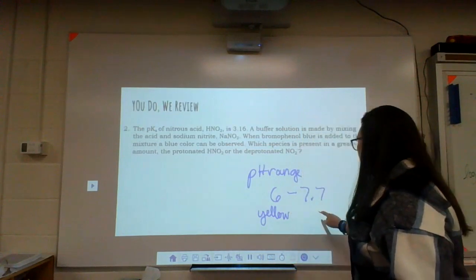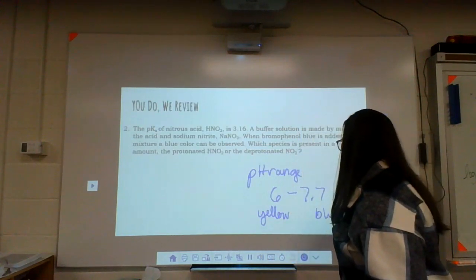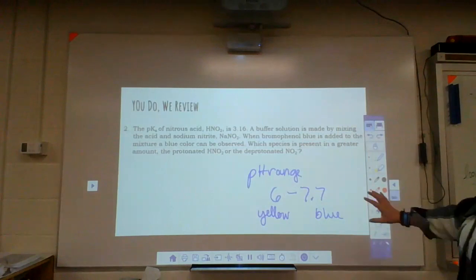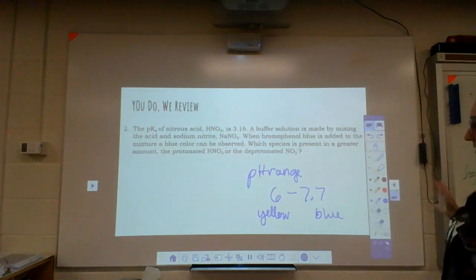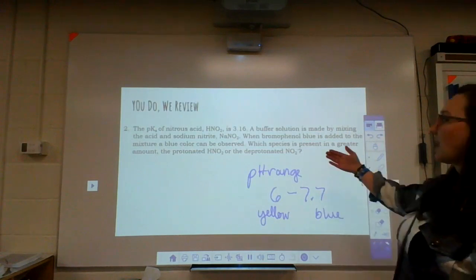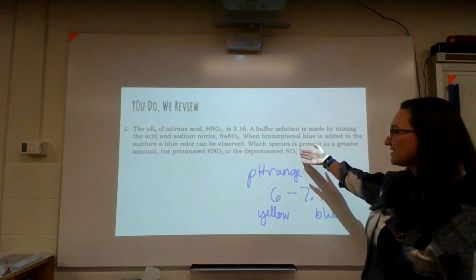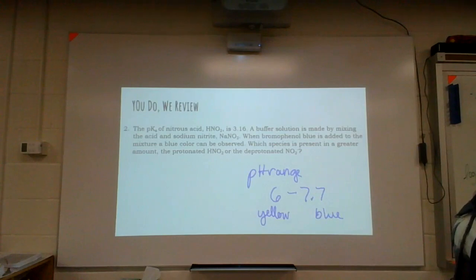And on the 7.7 end, this is blue. So the blue end is going to be our more basic end, which means that we have more of the conjugate base, or the deprotonated NO2 minus.